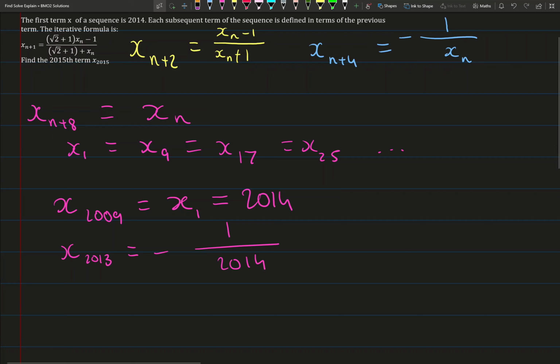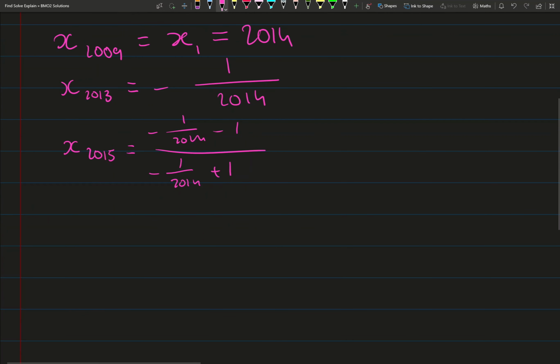From here we can use the yellow equation telling us that the answer is (minus 1 over 2014 minus 1) over (minus 1 over 2014 plus 1), and this simplifies to minus 2015 over 2013, and that is the answer.